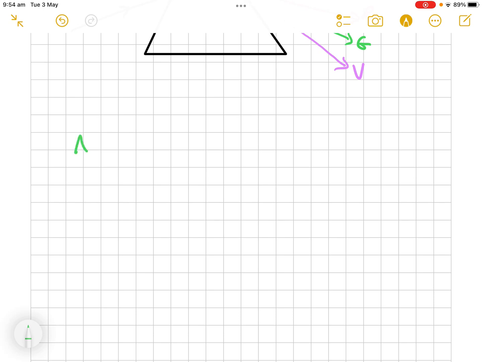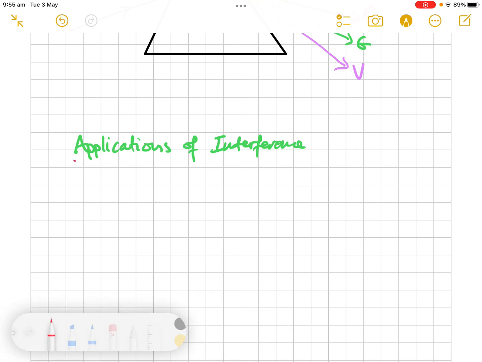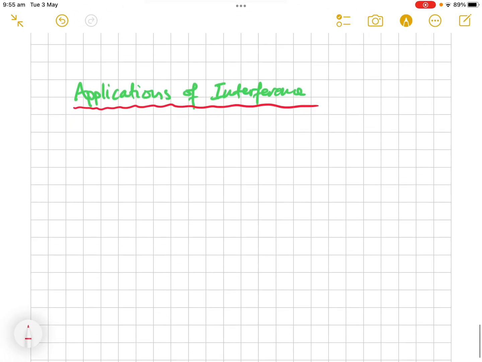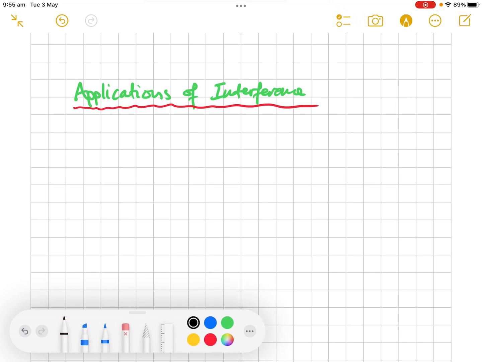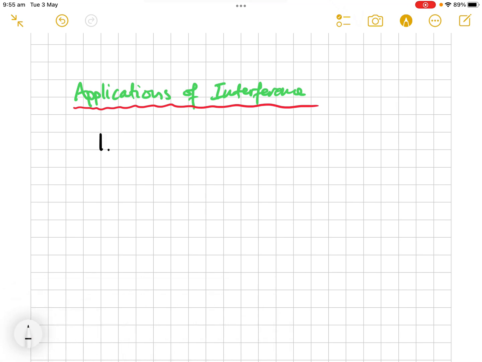And just before we end, a couple of applications of interference. You don't really see much in everyday life, but behind the scenes there are a number of useful applications. One is in producing holograms. Hologram, of course, is a 3D representation using light of an object.